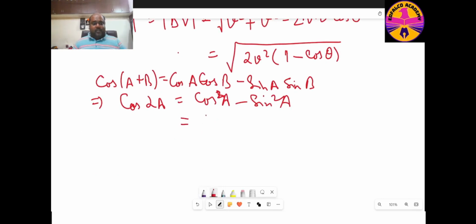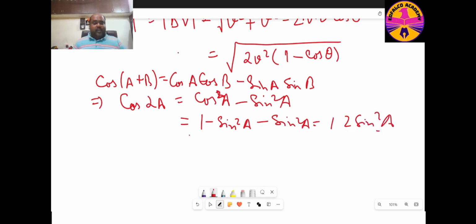So the moment I do this, I can now put it as cos square a. You already know it is nothing but 1 minus sin square a, by the identity that cos square a plus sin square a is equal to 1. Using that, I have converted cos square a into 1 minus sin square a, minus sin square a, which makes it 1 minus 2 sin square a, right?